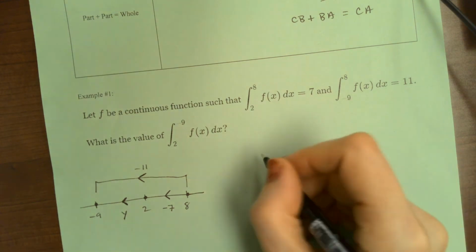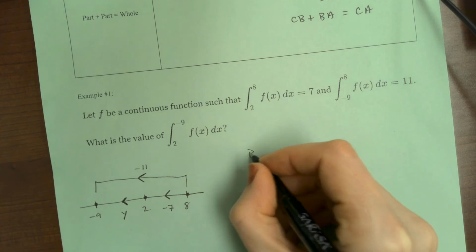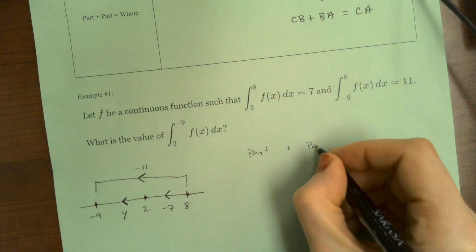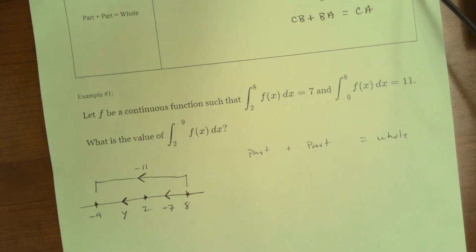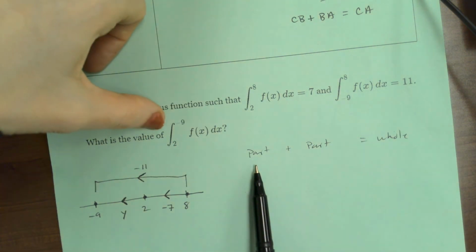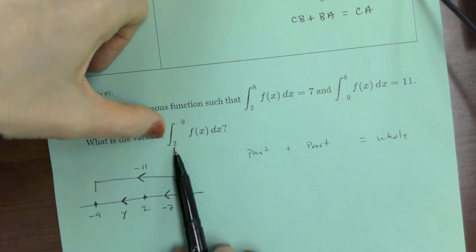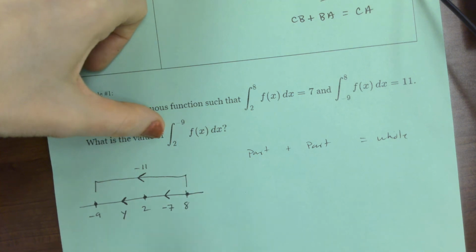Now, I've got to use this concept. Part plus part equals whole. All right? And I'm going to use proper notation. So this that I'm looking for is a part here.